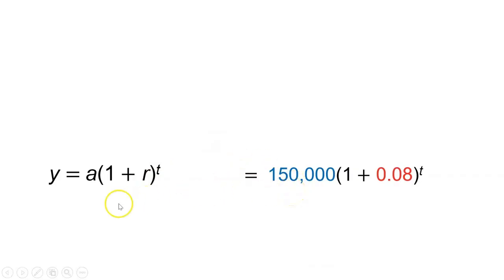The original amount is 150,000, and the rate is 8%, which is the same thing as 0.08 when converted to decimal. Then raised to the number of years. We're going to have y = 150,000(1.08)^t. If we add 1 and 0.08, we get 1.08. So this is the formula we're supposed to use here.